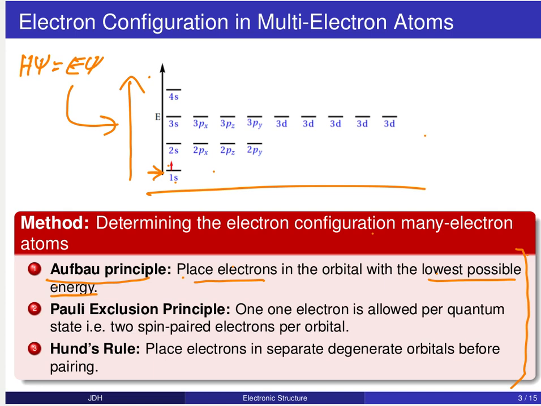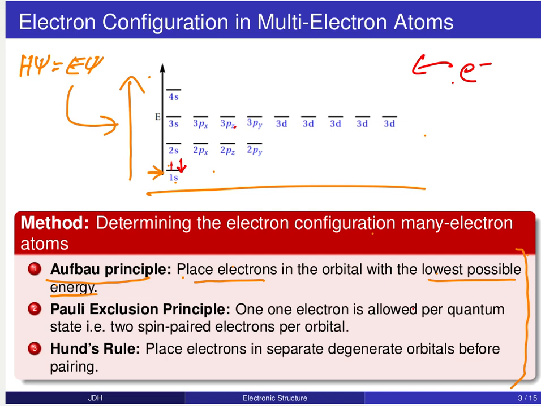In other words, one must be spin up and the other must be spin down. So if I were to bring in another electron to this diagram here, I'm going to put that electron according to the Aufbau principle in the lowest energy orbital that's open, which is of course the 1s, but I'm going to have to face that electron down. It's going to be a spin down electron.